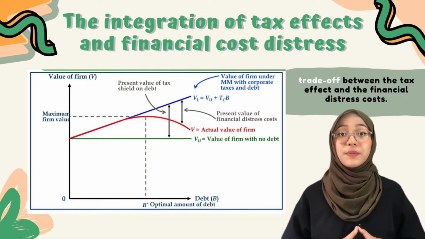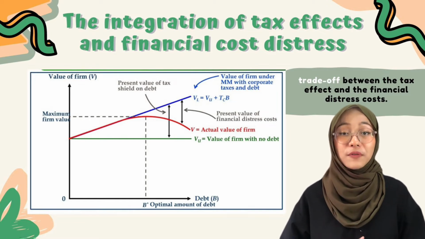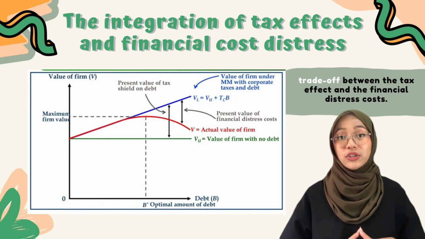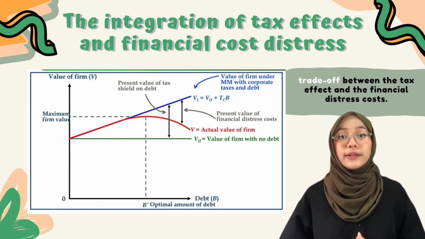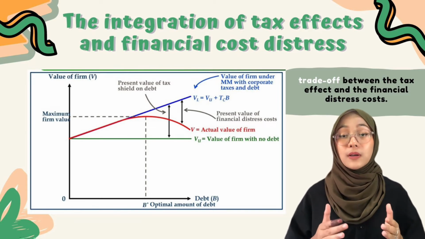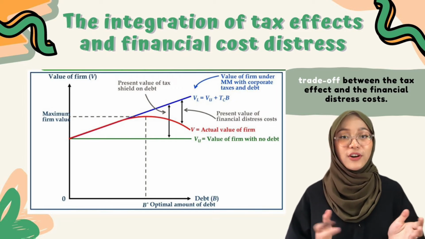Next, the area between the blue line and the green line, which is the value of the firm with zero debt, shows the present value of the tax shields on debt. While the area between the blue line and the red line shows the bankruptcy cost, also known as the present value of the financial distress cost.